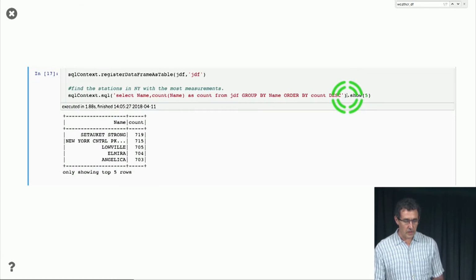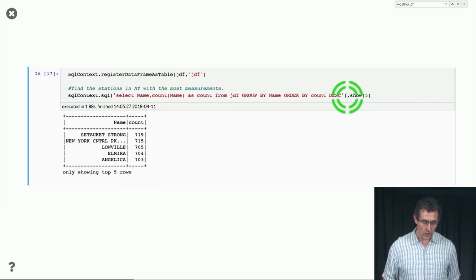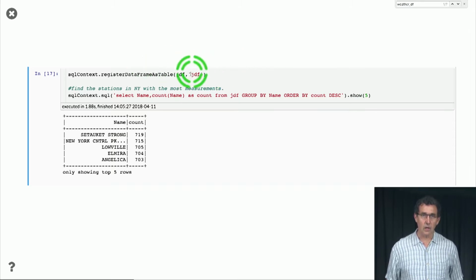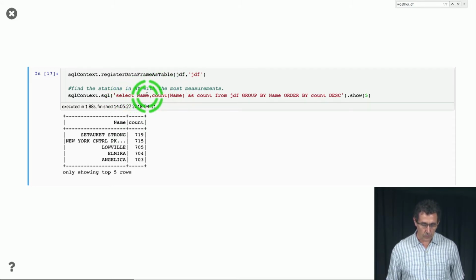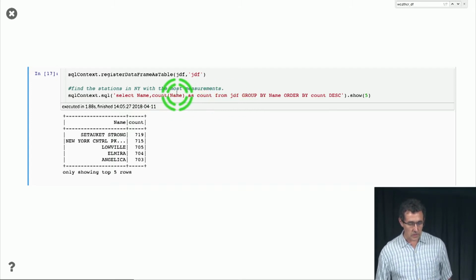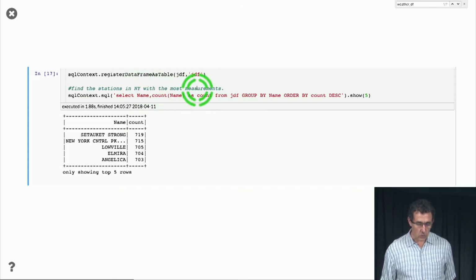So the first thing we're going to do after registering this data frame as a table in SQL Spark is to look within these stations, which stations have the most measurements.